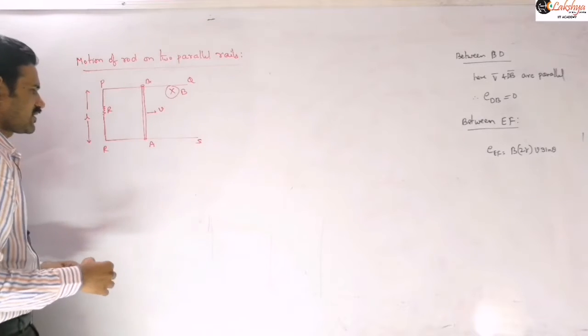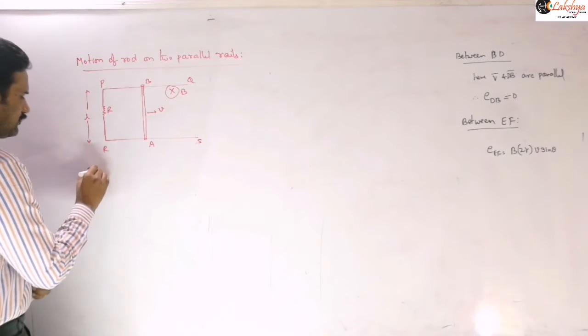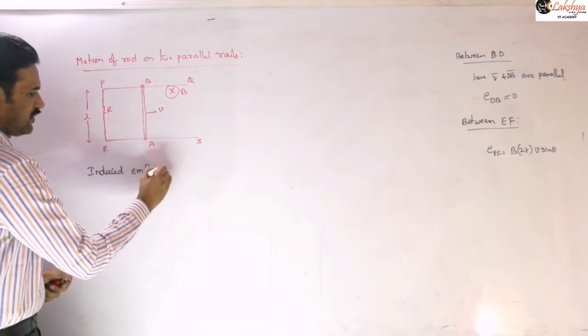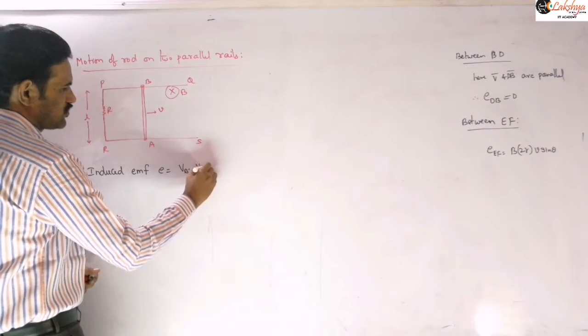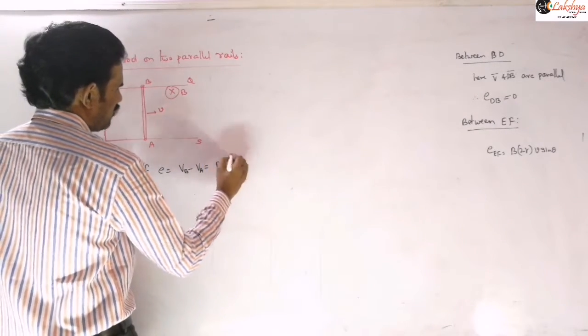And so therefore what I can write here is the induced EMF, E, I am writing these polarities also, VA minus VB, which is equal to BLV, now we can write.